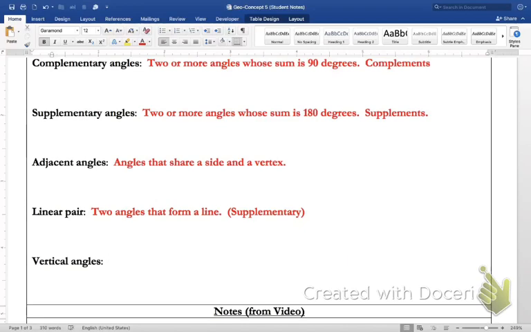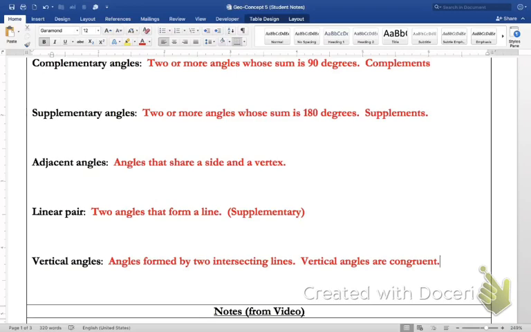And our final definition is vertical angles. Vertical angles are angles formed by two intersecting lines. What we also know about vertical angles is that they are congruent. So here's a picture of what vertical angles look like.